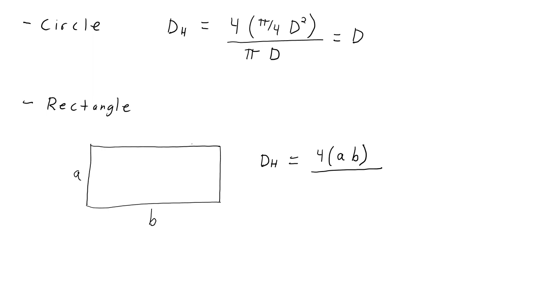Well, the perimeter, just counting up the lengths of each side, is 2A plus 2B, right? So that's this length, this length, this length, and that length. So then your D_H you can simplify as just twice A times B divided by A plus B.